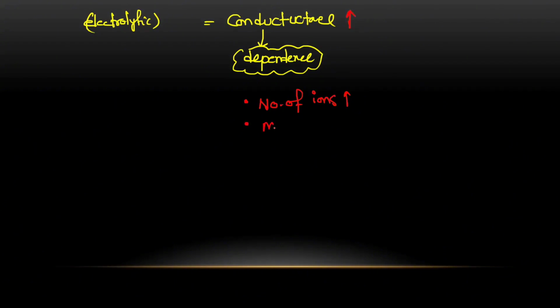Second factor is mobility. Imagine mobility for a single ion. Suppose two different systems, one positive charge, one negative charge. This is moving towards this electrode, this is moving towards this electrode. If in both the cases mobility is different, suppose this is going slowly and this is going fast, don't you think this system will show more conductance?